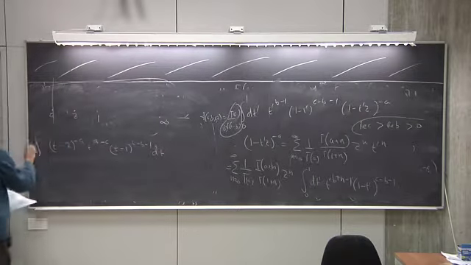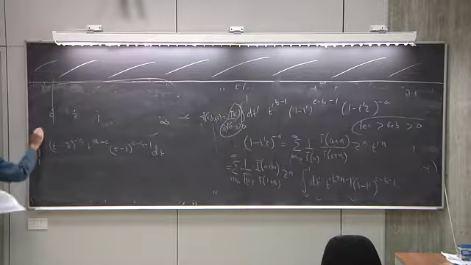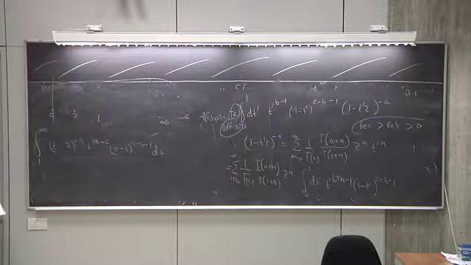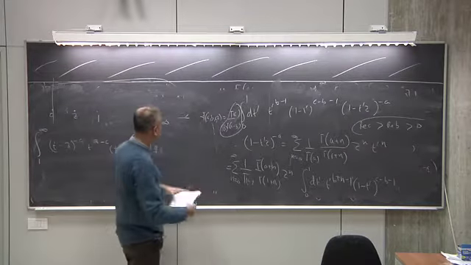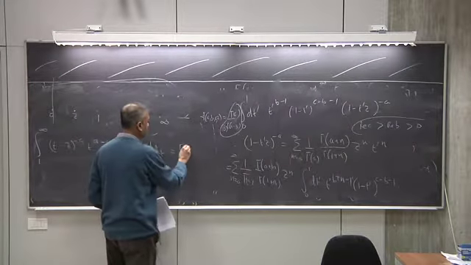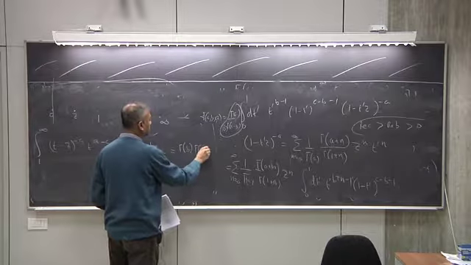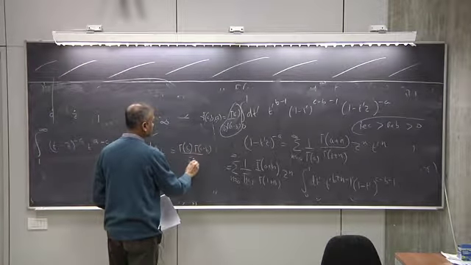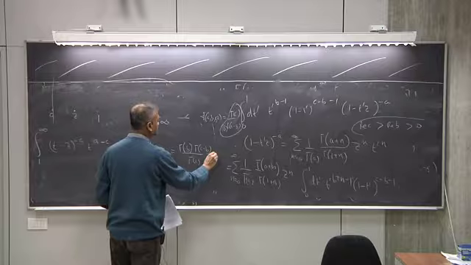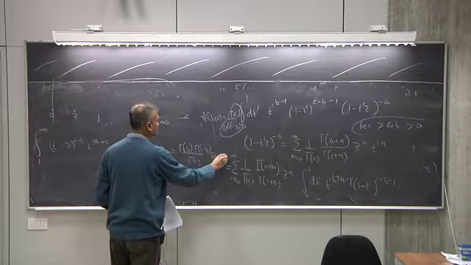This was the integral, and we took it from 1 to infinity. And we saw that this is equal to gamma b, gamma c minus b over gamma c times F(A,B,C;Z).